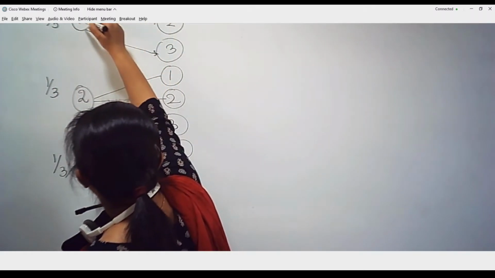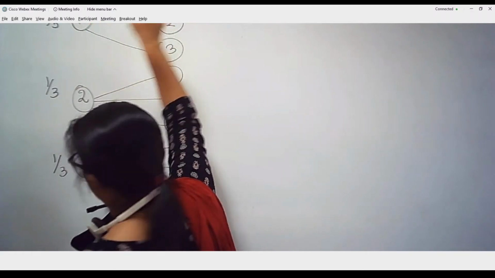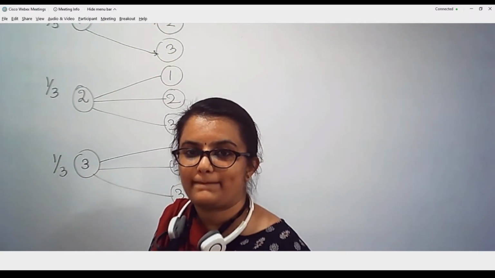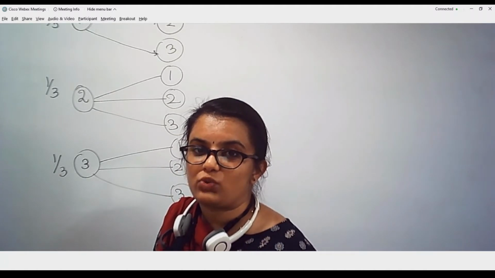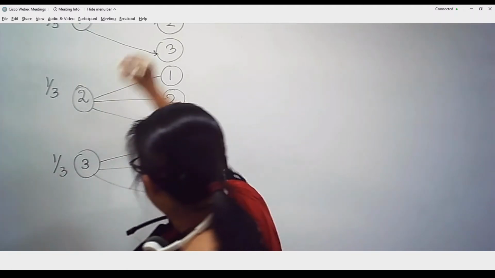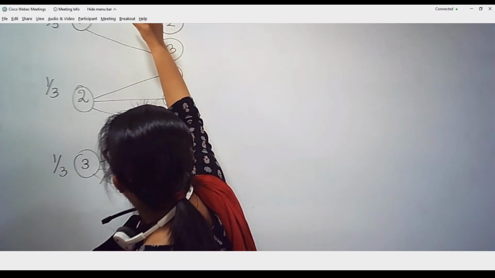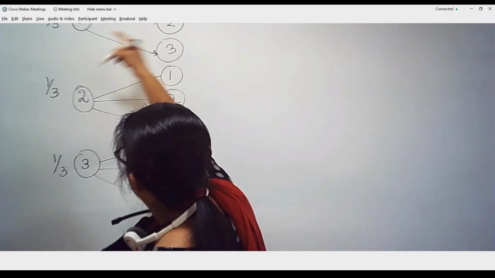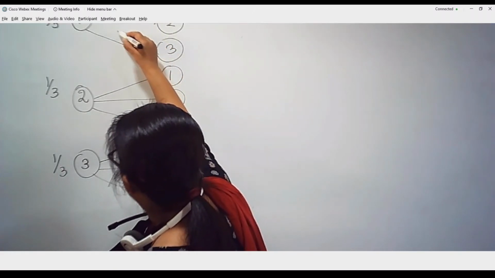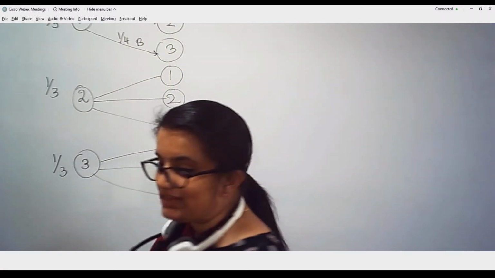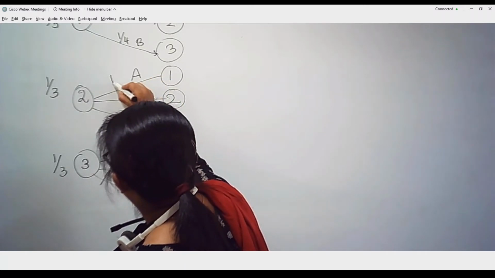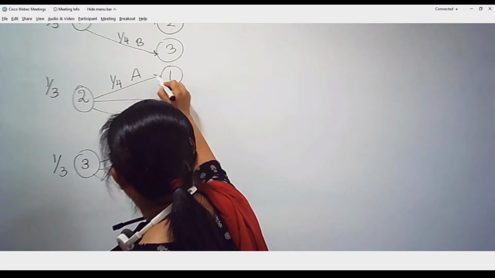The next one, moving from state 1 to 2, which is the letter that is generated? C. What is the probability here? 1 by 4. From 1 to 3, it is B with the probability 1 by 4. Like this, I can go on writing the probabilities of obtaining in each case.